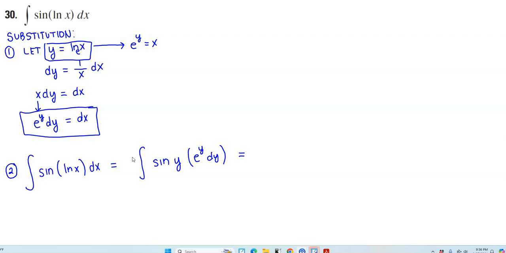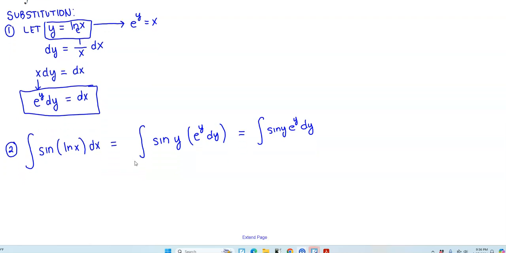And so therefore, we're going to get the integral of the sine of y e to the y dy. And now we're going to go ahead and solve that using integration by parts.